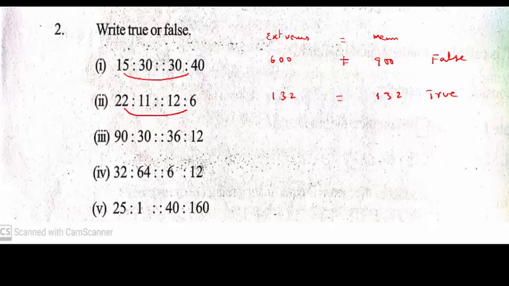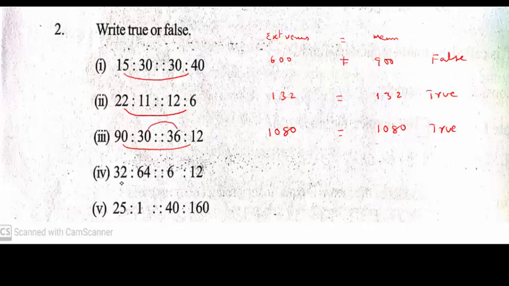Third, the product of extremes: 90 into 12 is 1080. The product of means: 30 into 36. These are also 1080, 1080. So it is true.